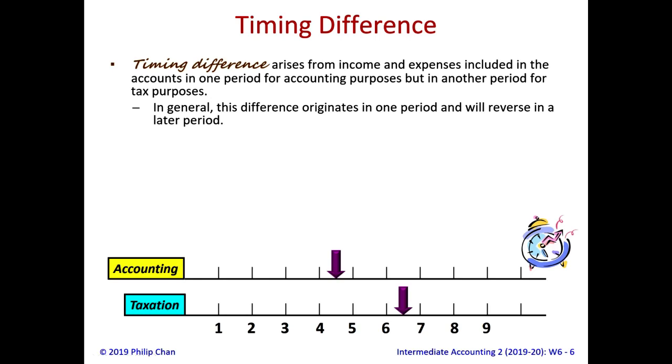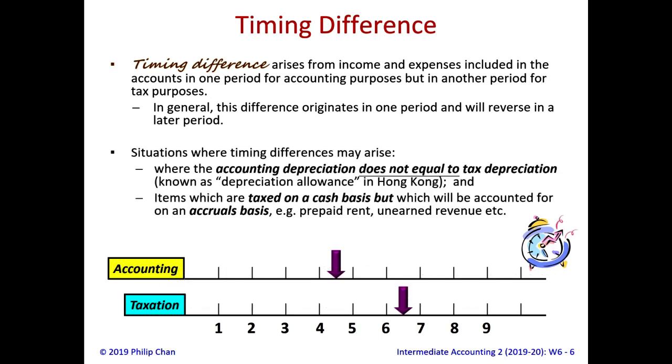Now, do we have examples? Of course, we do. Basically, I would just give you two major categories of timing differences. The first one is related to PPE, where the accounting depreciation may not be equal to tax depreciation in most cases. Tax depreciation, in tax terms, we call depreciation allowances. But the two terms can be used interchangeably in IA2.